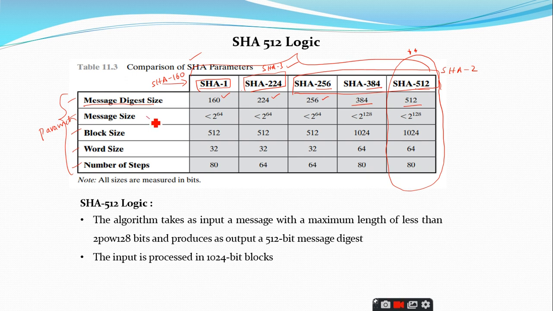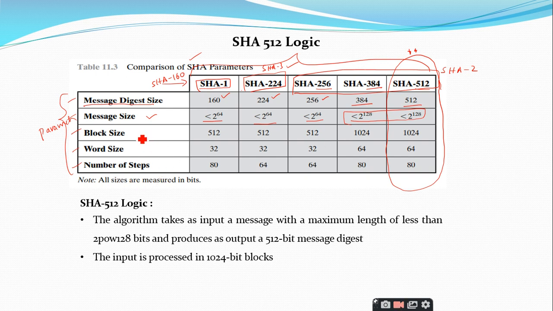And coming to the size of the message which each and every hash function is going to deal with, for SHA-160 the message size should be less than 2^64, and similarly for SHA-224 it is less than 2^64, and for SHA-256 it is less than 2^64, but for SHA-384 and SHA-512 we have the size of the message less than 2^128.